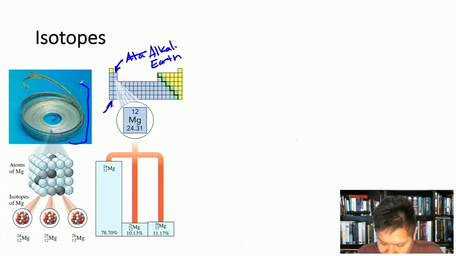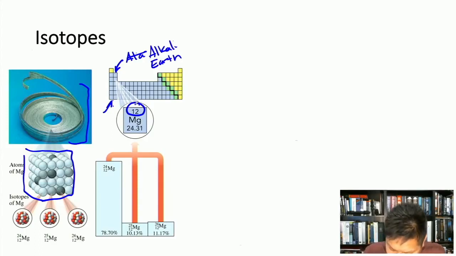Notice we look at these atoms of magnesium here. Its atomic number is 12, but it can actually form isotopes, 3 here. If you look at the special notation that they have here, normally isotopes are written in this notation.